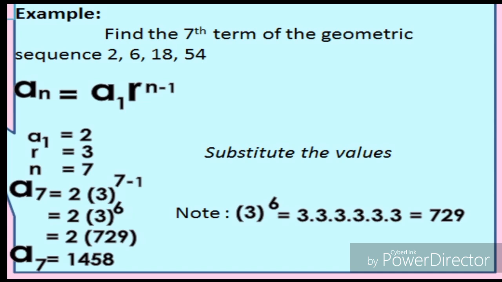Note that 3 raised to 6 means multiplying 3 six times: 3 times 3 times 3 times 3 times 3 times 3 is 729. Then 2 times 729, the answer is 1458. So that is the seventh term.